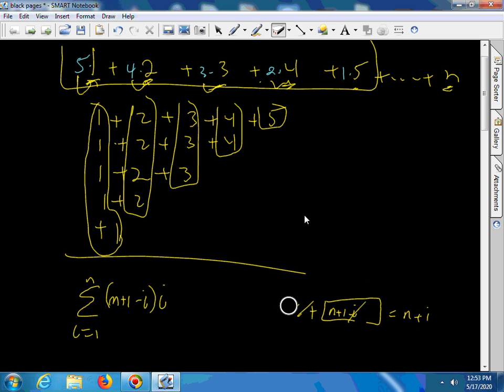First, let us verify that this is working. When i is 1, this will be n times 1, that's right, plus, so this keeps going down by 1.